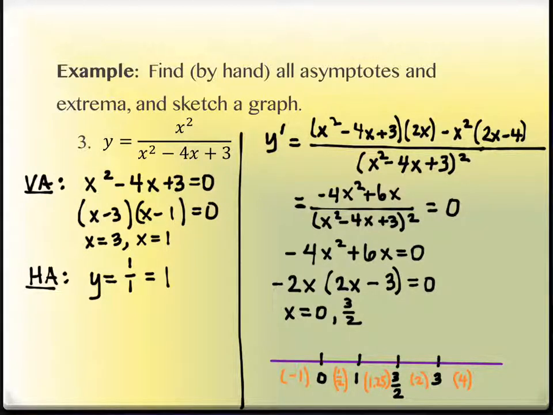Because the derivative tells me what happens in between those places on the original graph, the positiveness or negativeness of things. All right, so let me fill in the details so that we can finish this one up. You actually end up getting a positive number before 0. You get a positive number between 0 and 1. A negative number between 1 and 3 halves. A negative number between 3 halves and 3.